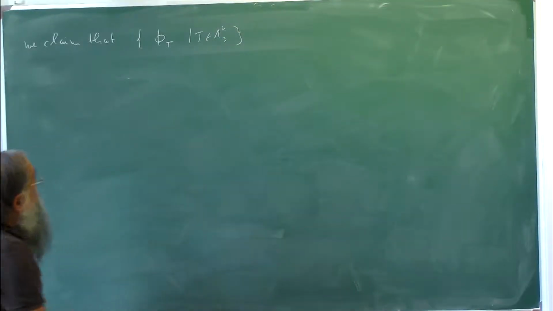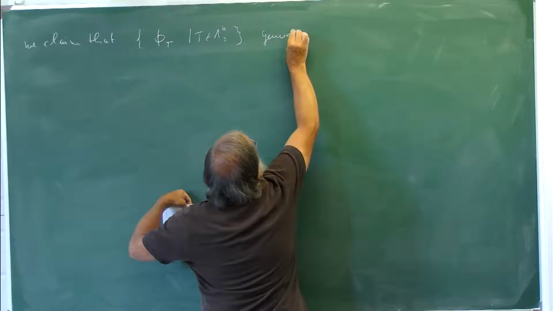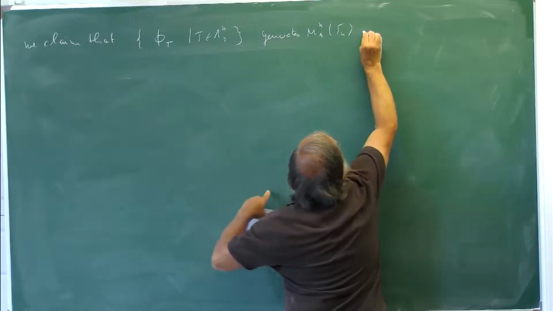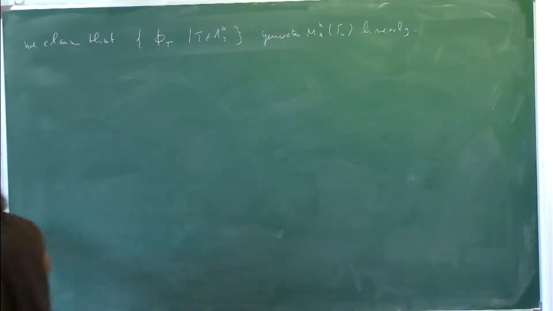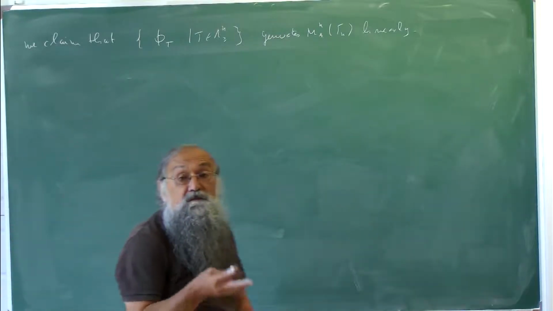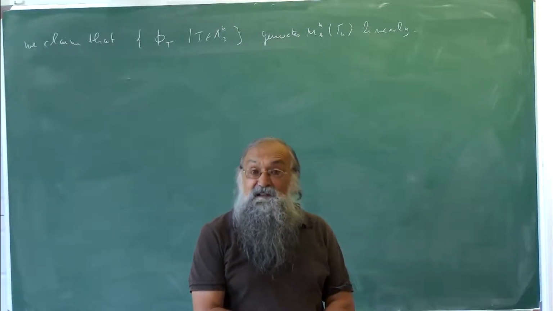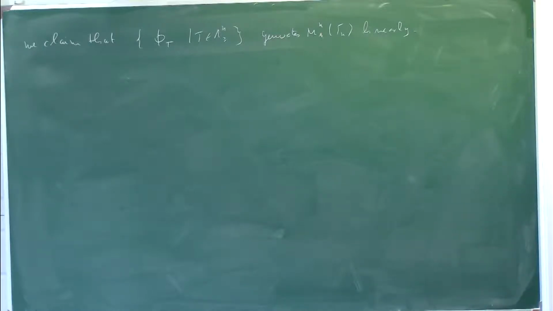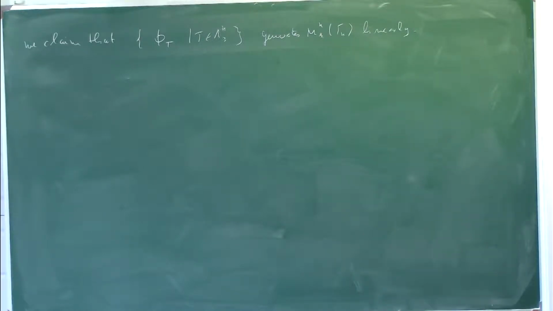Of course, this is an infinite set, but this does not matter. And if this is true, then we are done. Then everything comes from the result of Siegel, that the Eisenstein series have rational Fourier coefficients with bounded denominators.